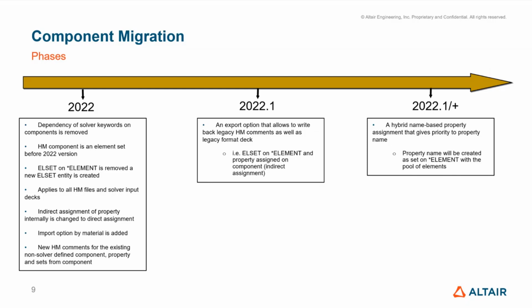So we would have an export option which would allow the users to ensure that the old HM commands are written back instead of the new ones, as well as the LSET which is gone in 2022 will be available back in the star element. This is an interim solution to ensure no breakage if there are users using HM commands a lot to do further processing, pre, post, whatever it is.